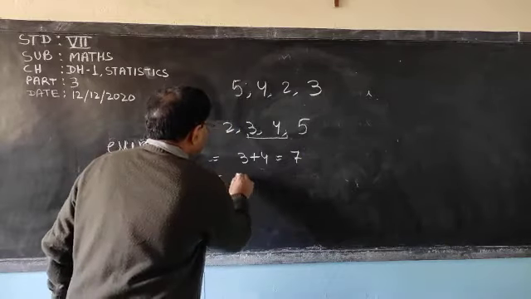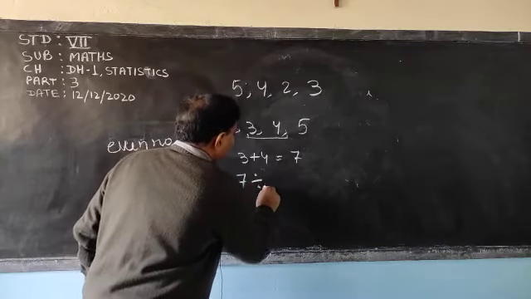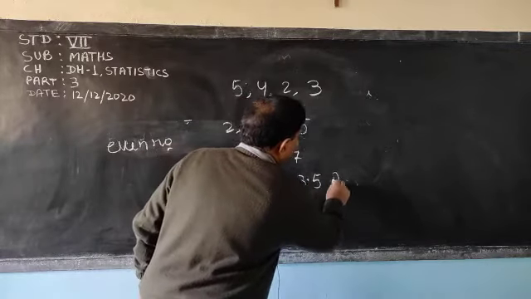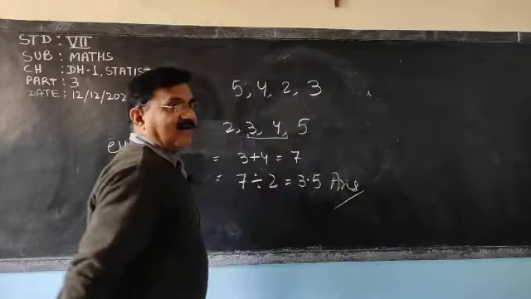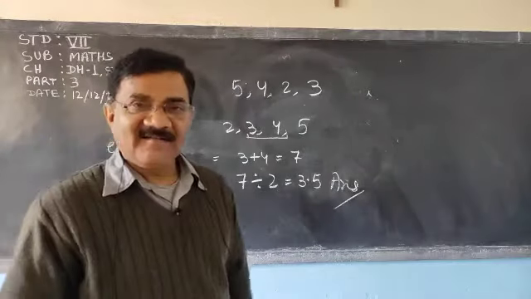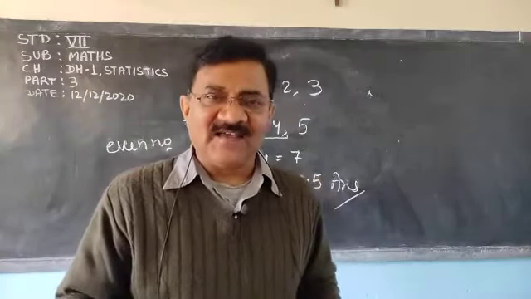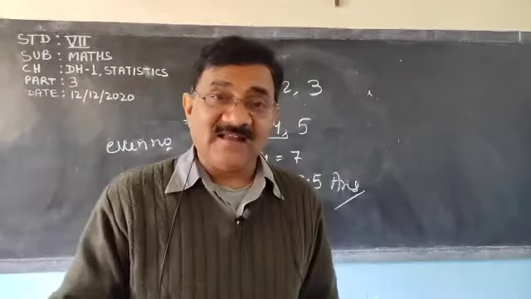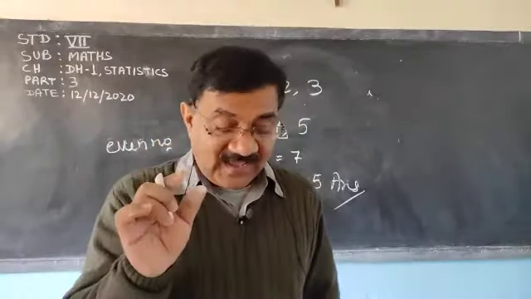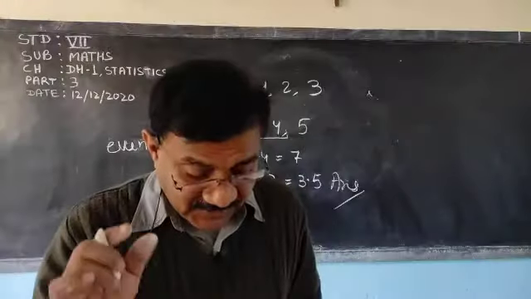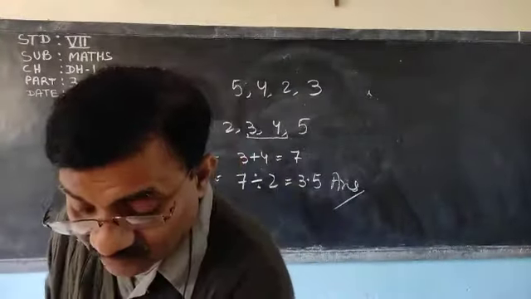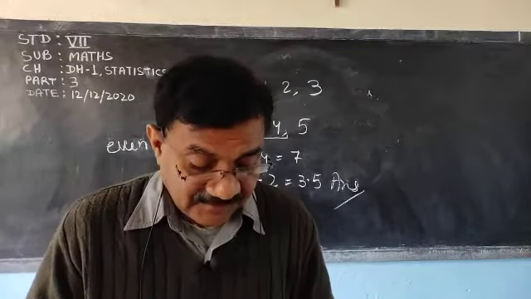And divide 7 by 2. 3.5 will be the median. Understood or not? So if odd number is there, easily we can find. If even number is there, the two middle ones must be added and divided by 2. Very clear? So we can find the mid value.